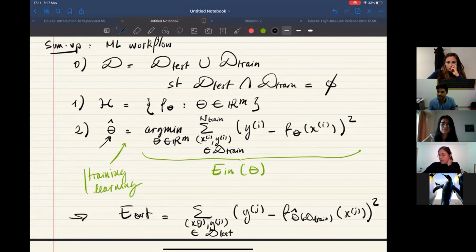A priori, how to do math with that seems a bit difficult, but actually I will show you today that we can say something very fundamental and very general about this test error, this prediction error, that is obtained according to this machine learning workflow, okay?